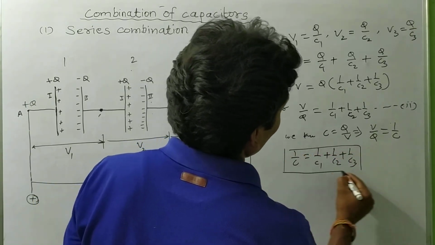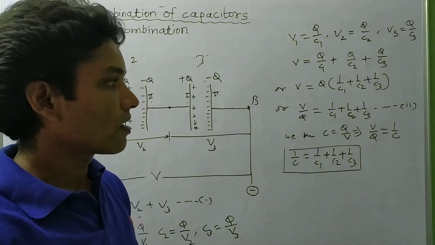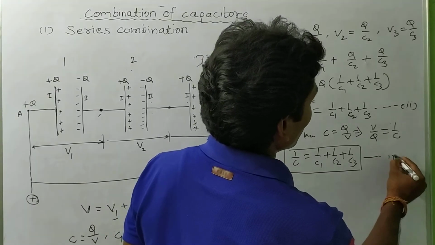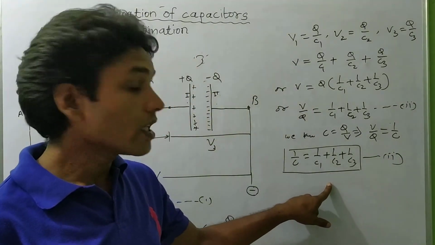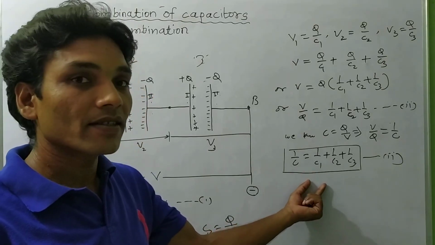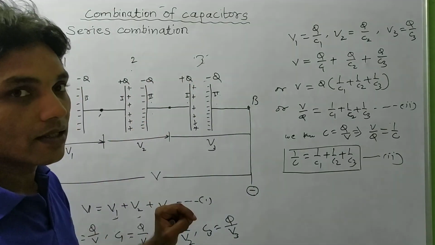This is the equivalent capacitance of the series combination. Okay, this is the formula for the equivalent capacitance of the series combination of three capacitors.